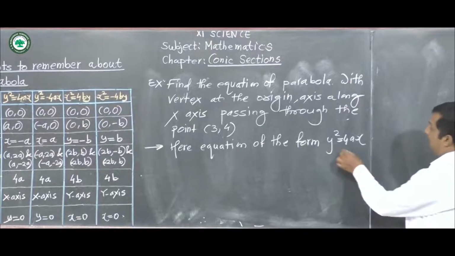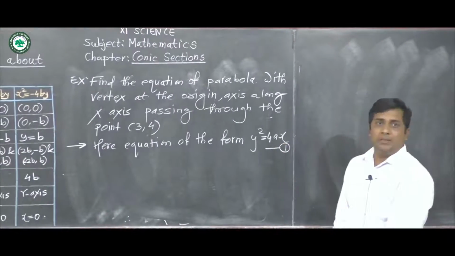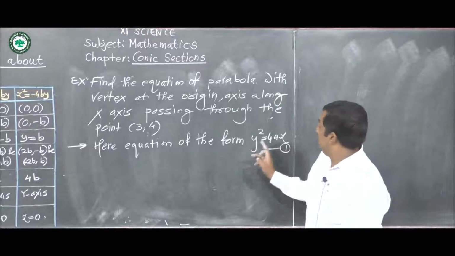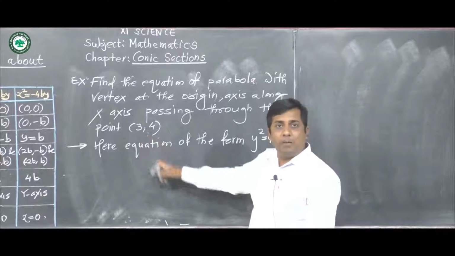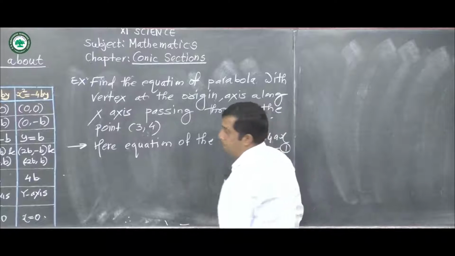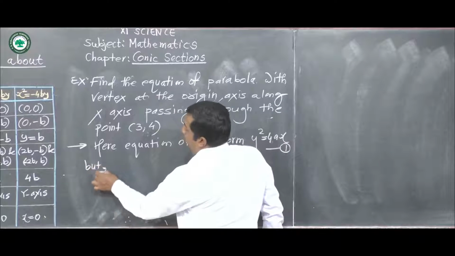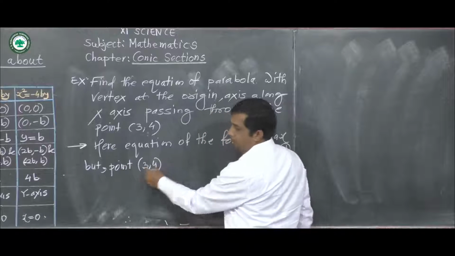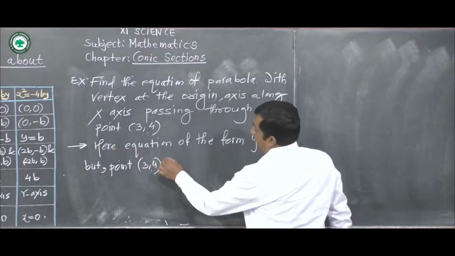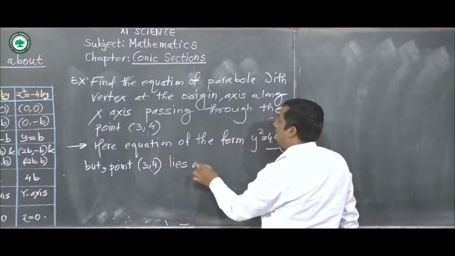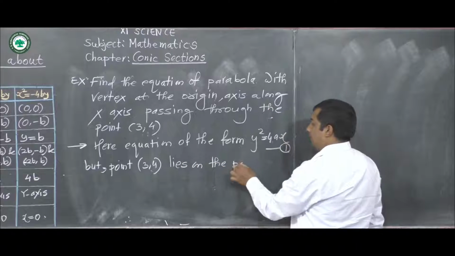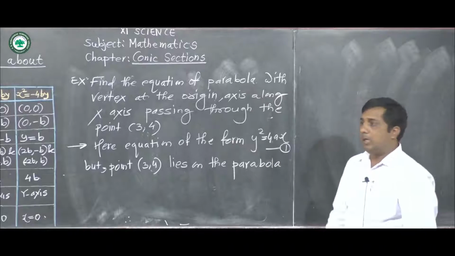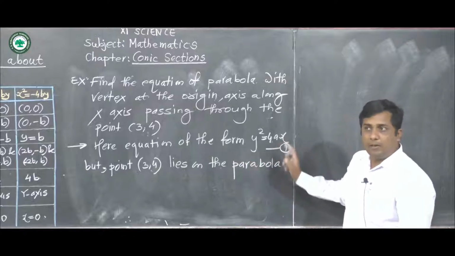Okay, let's denote this as 1. Since our parabola is passing through the given point, here I write that the point 3, 4 lies on the parabola. Here this point satisfies the given equation.